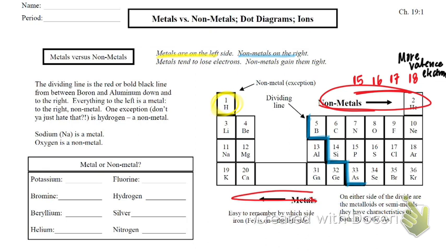You might need your periodic table, so you can see these. What do you say? It feels like it would be a non-metal. Where is it?